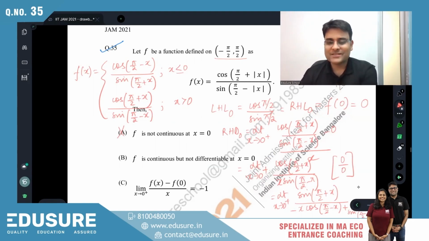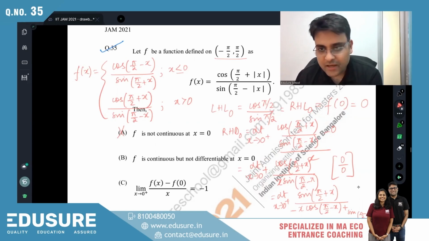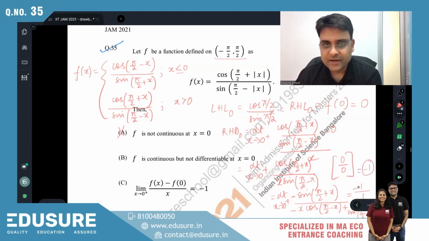Now if I put x is equal to 0, ये क्या आएगा? ये बेसिकली आएगा sin(pi/2) is 1, divided by cos(pi/2) is 0, so minus 0 plus sin(pi/2 minus x), that is again sin(pi/2), which is 1. Yes, so cos(pi/2 plus x) है, तो हाँ, this is minus sin(pi/2), right? तो ये -1 हो जाएगा. -1 is what we will get.